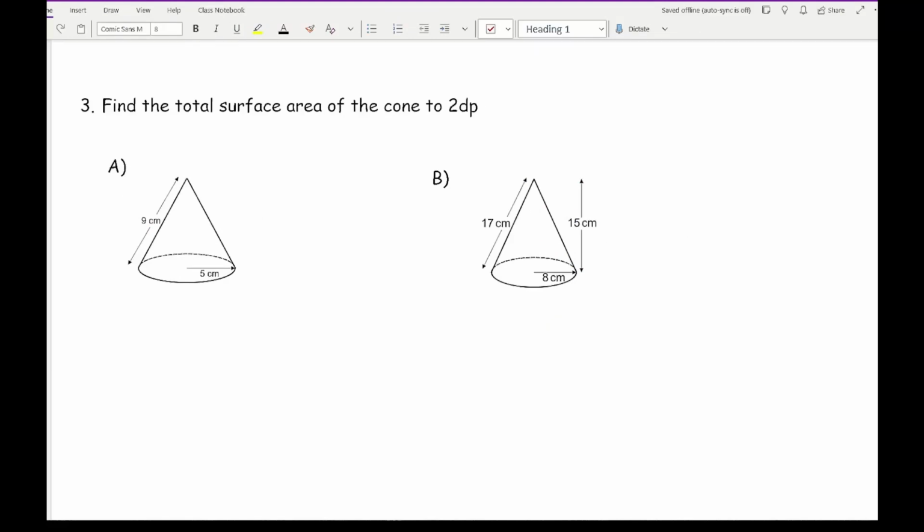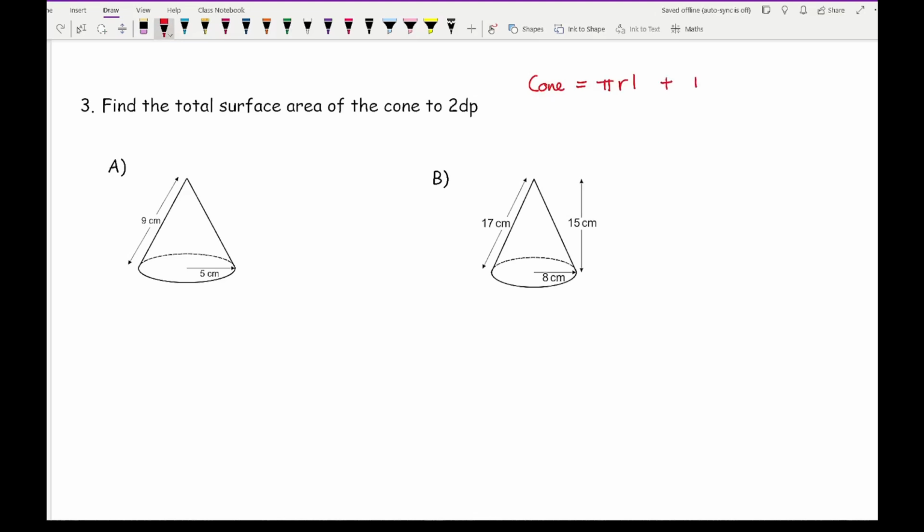So now let's have a look at a cone. So here, let's just write down the formula again, just to remind ourselves. Now, if you are studying GCSE, you tend to find that these formulas will be given to you in the exam, but it's always good practice to know what they are. So we've got pi R L plus pi r squared. Now the question does ask for the total surface area, so it is going to include the base and that curved area as well.